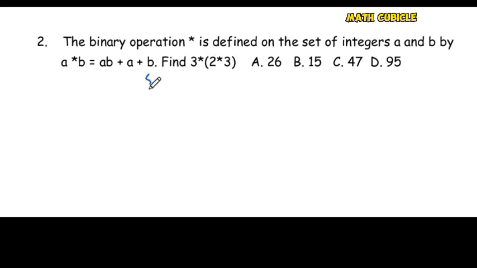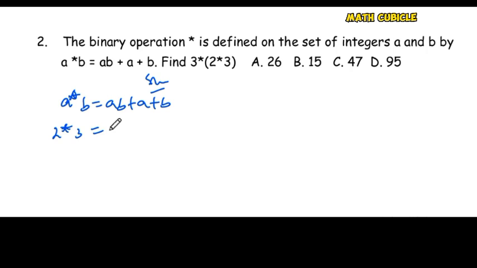So a operation b is equal to ab plus a plus b. Let's evaluate 2 operation 3 first. That's what's in bracket, the operation in bracket. A here is holding 2, b is holding 3. So anywhere we see a and b here, whenever we see a we plug in 2, whenever we see b we plug in 3.